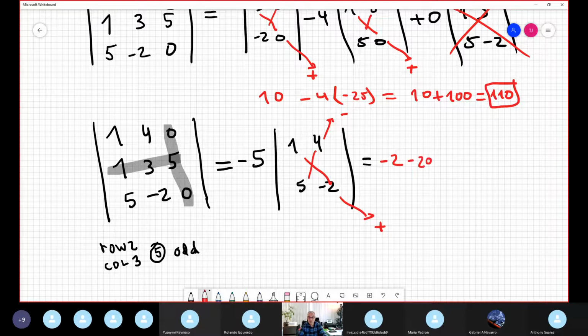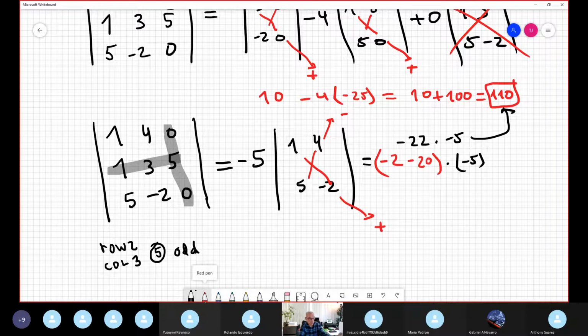Okay, and I forgot to multiply by negative 5. It's this negative 5 we have in front. Basically, the red part is the answer for the determinant. And this is negative 22. And negative 22 multiplied by negative 5, negative times negative is positive, we get the same answer. Do you see? It's unbelievable.